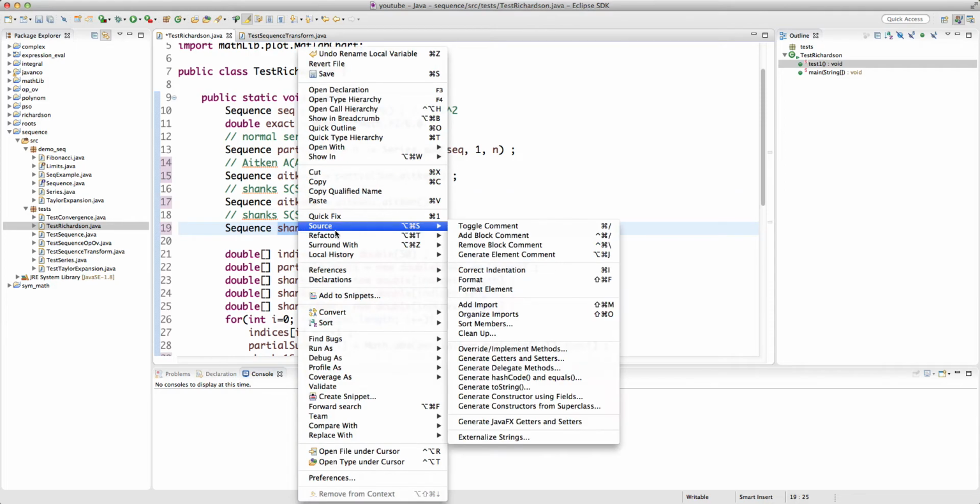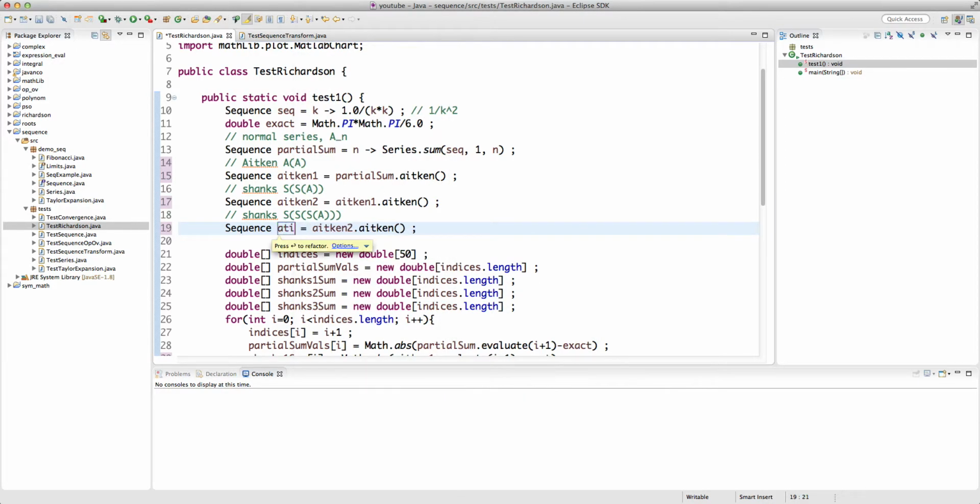And this one is going to be Aitken 3, all right? So Aitken, Aitken, Aitken, and as we discussed, Aitken and Shanks are the same, so I'm going to call this AN to make it more readable.